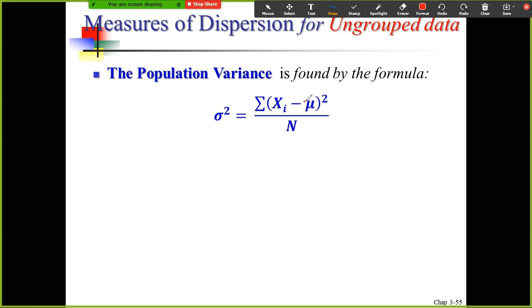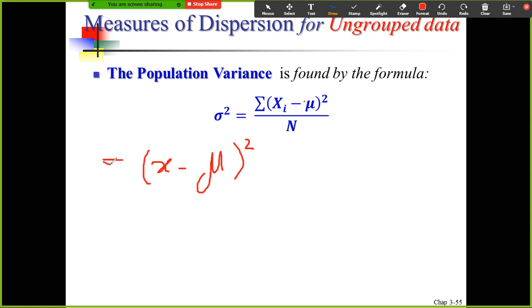You need to find the mean, or population mean mu, first, and then you need to find the deviation from each value of our population data set to the mean, and then you need to take the square.